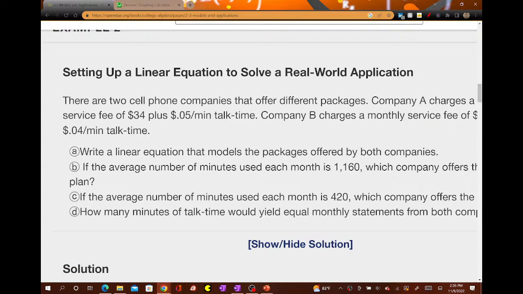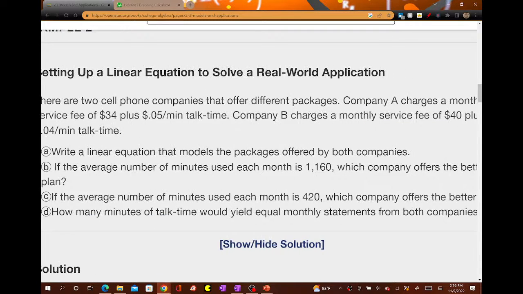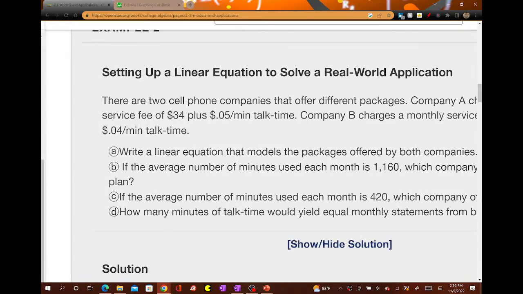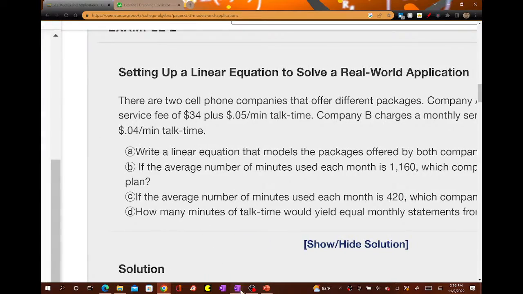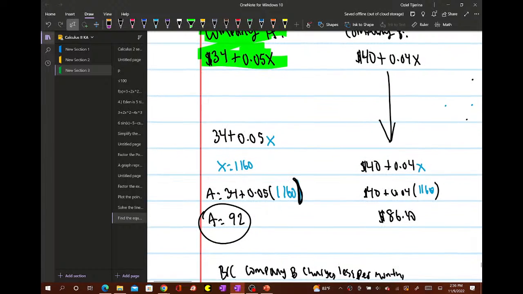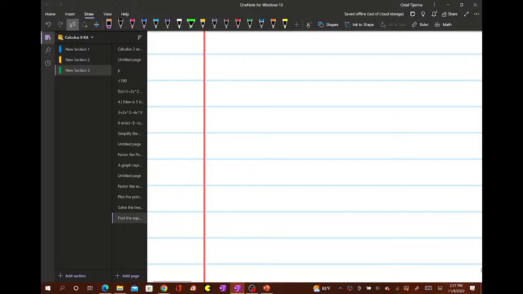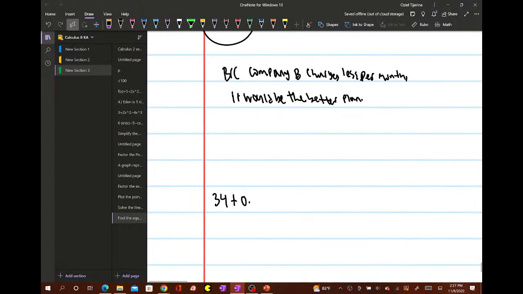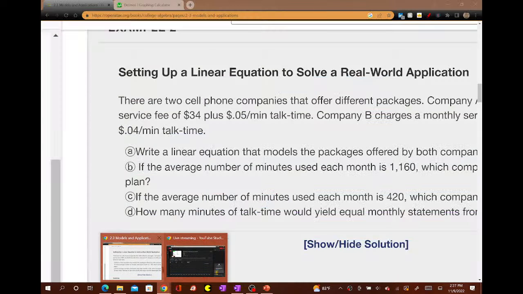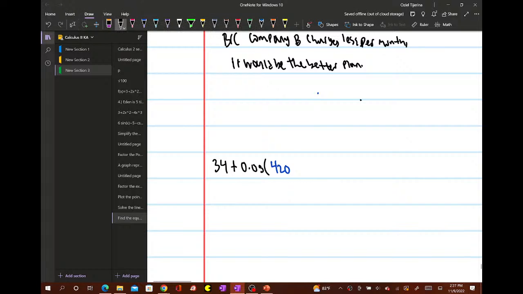And then it says, if the average number of minutes used each month is 420, which company offers a better plan? So you're just doing the same thing, but plugging in 420 this time. For company A, you have $34 plus 0.05 times 420.